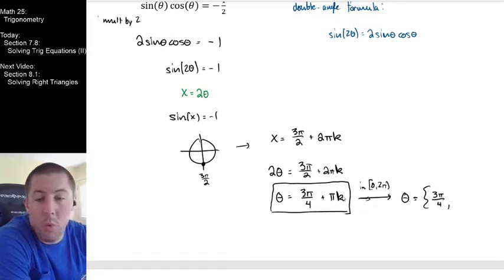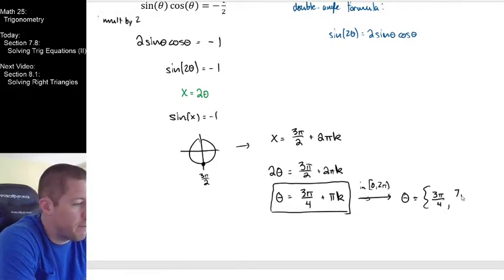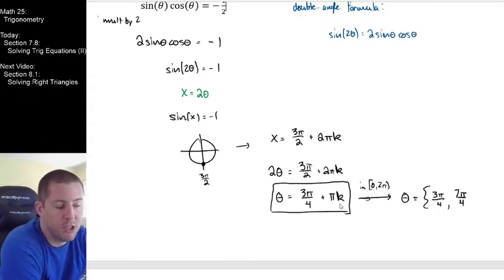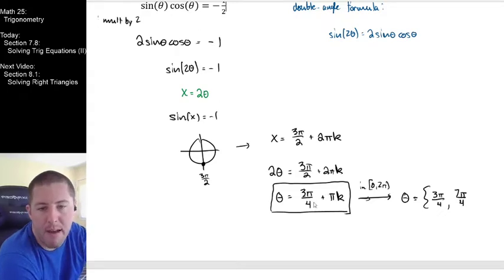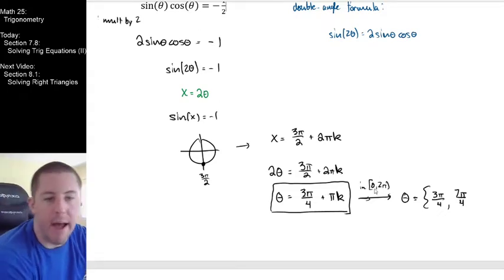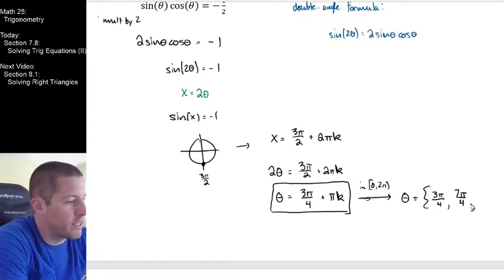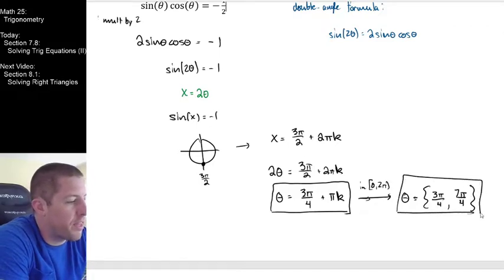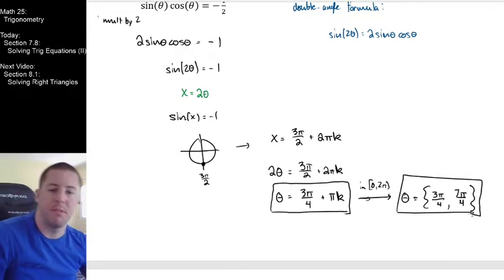If k is equal to 1, then we're going to get 3 pi fourths plus pi, also known as 3 pi fourths plus 4 pi fourths, which is going to give me 7 pi fourths. And if k is 2, then we're adding 2 pi to 3 pi fourths, so we're clearly bigger than 2 pi. So that's going to be the end of my little list right there. So this is my particular solutions within the given interval of interest from 0 to 2 pi.